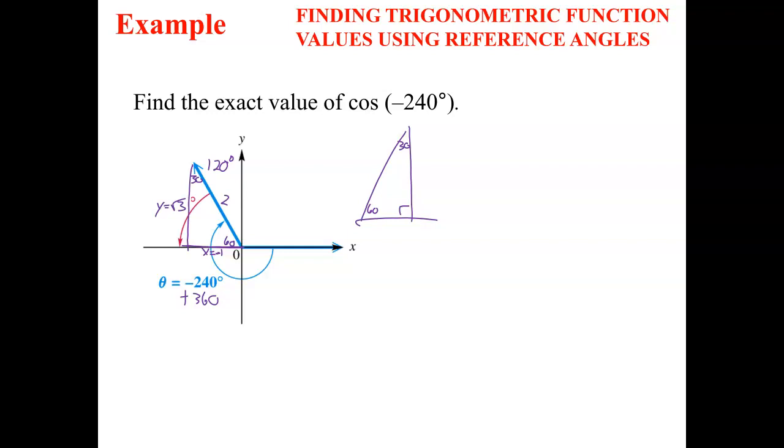So now we can find all of our trig function values based off of that information. What's sine going to be? Square root of 3 over 2. Cosine.